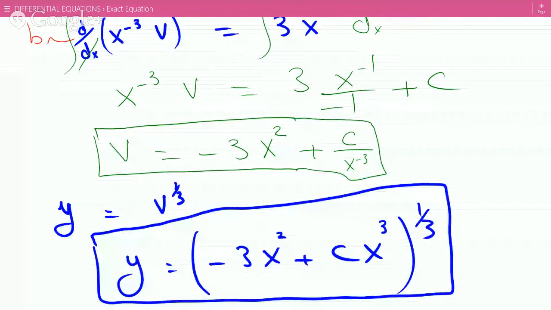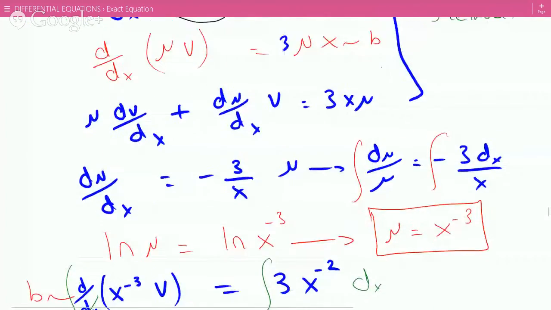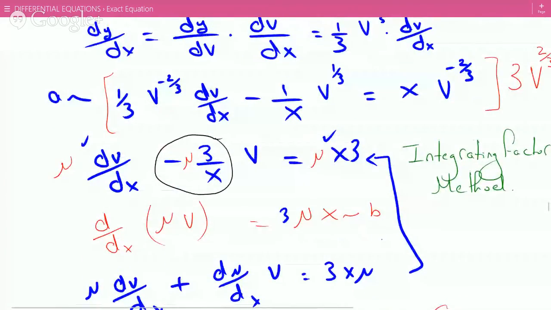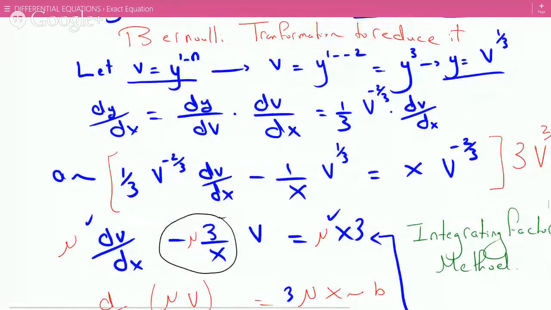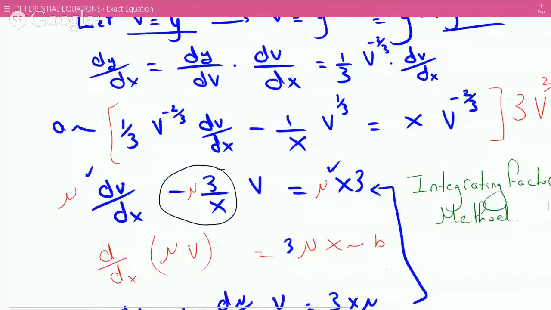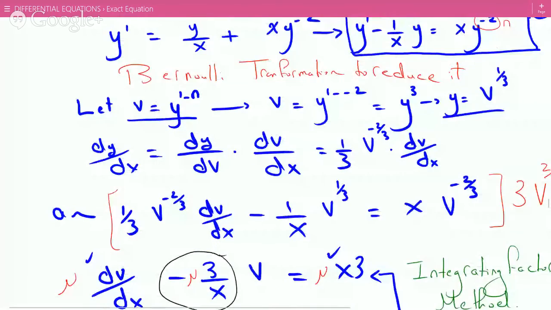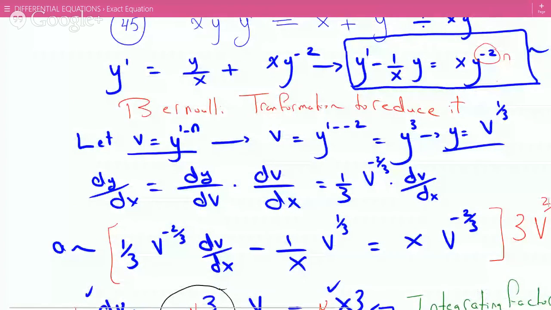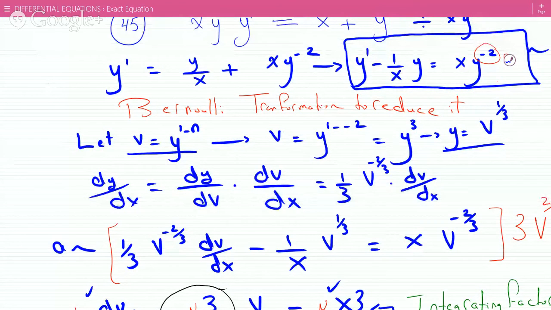But first move the term that has the y in here. You understand what I'm saying? You need to put it in the standard form, which is this form right here. So you move the y term to the left, and your n is to the negative 2. Oh, yeah.